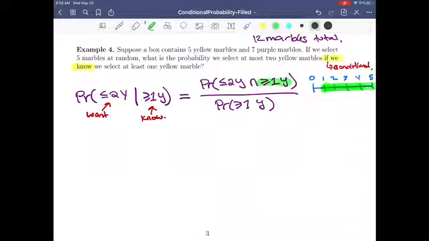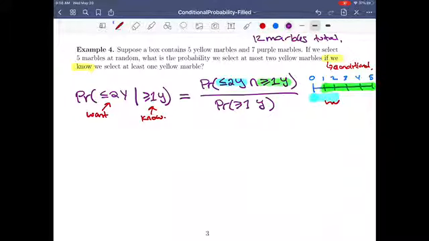So I have to be in this part of the number line. If I get at most 2 yellows, it means that I got 0 up to 2 yellows. If I want the intersection of that, I want to look for where they both happen. So it's 1 and 2.